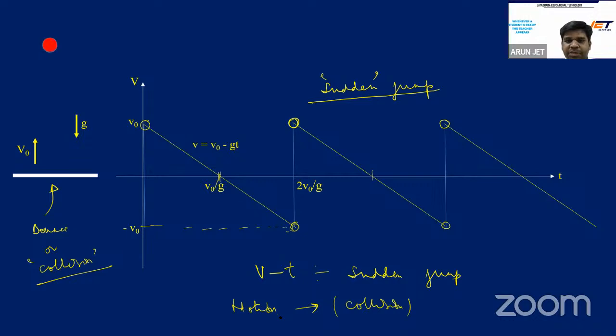This is clear, students. If a sudden jump comes in the graph, a collision has happened here; if a collision happens there, a jump comes here. Both should be correlated. Is this point clear, students? Any doubt over here? Students, you can interact.